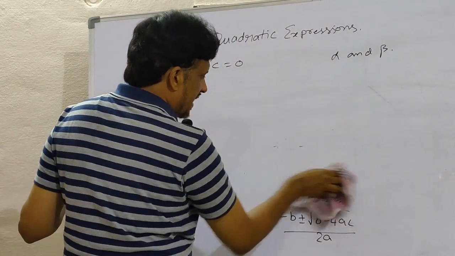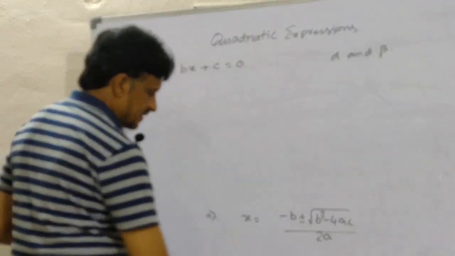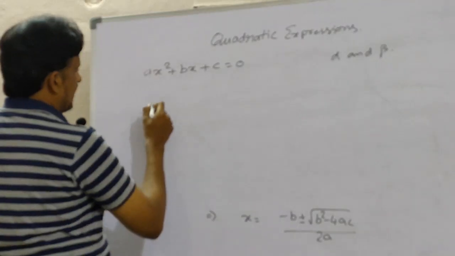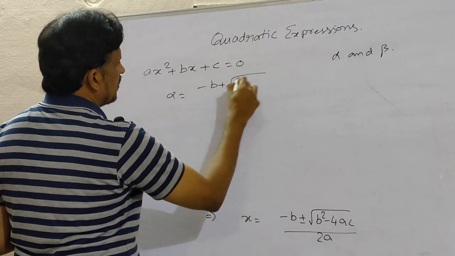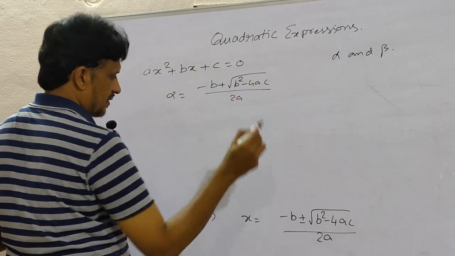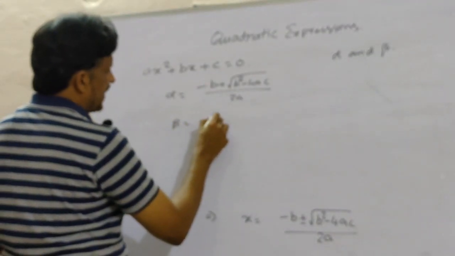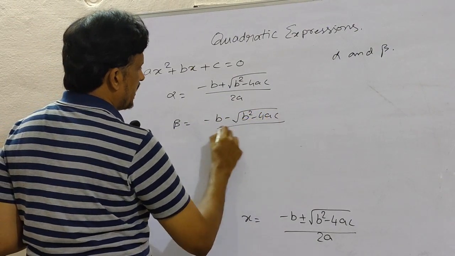These two roots you can calculate by using this formula, so let alpha be equal to (-b + root b square minus 4ac) by 2a, and beta be equal to (-b - root b square minus 4ac) by 2a.